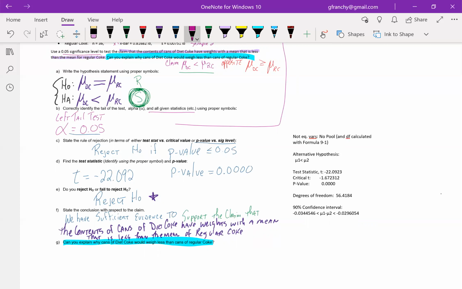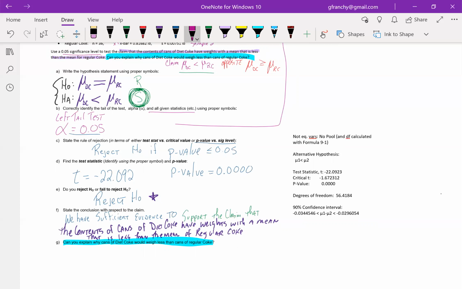And that's when you would probably start looking at the ingredient labels and seeing what is in one and not in the other. Regular Coke does have sugar in it in one or various forms, whereas the Diet Coke does not. It has artificial sugar.